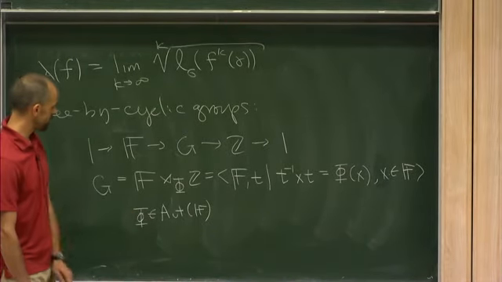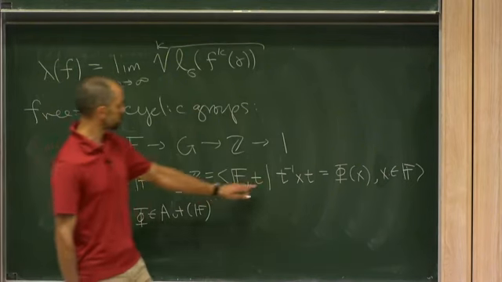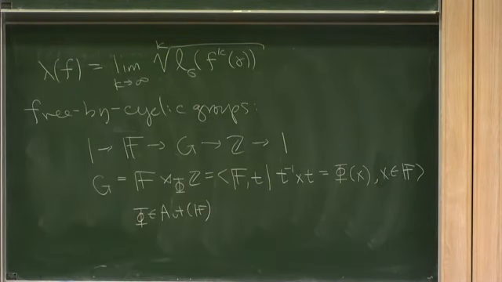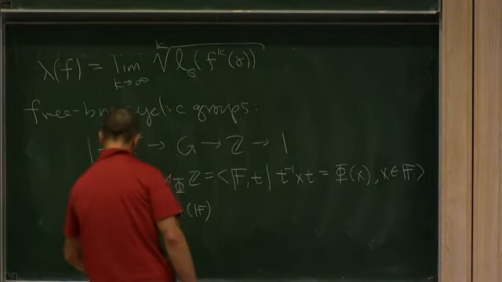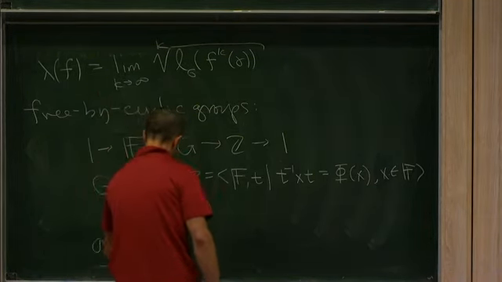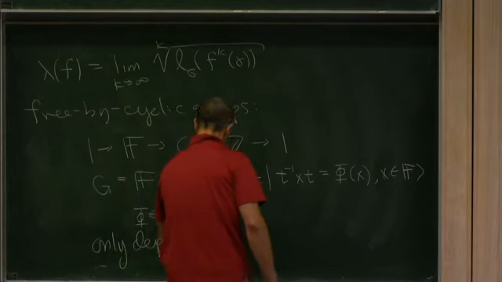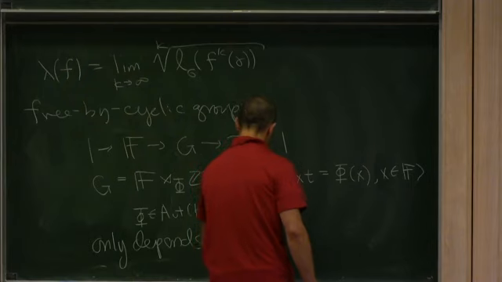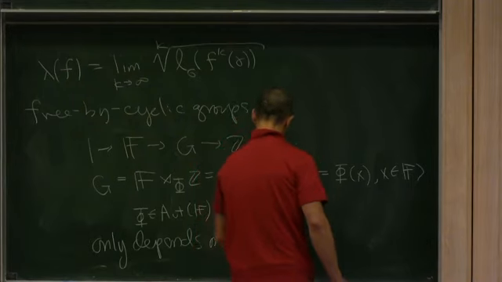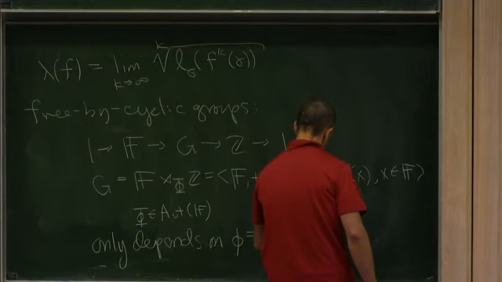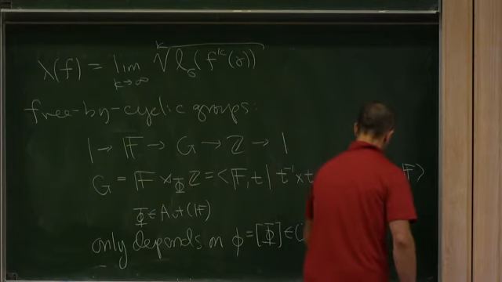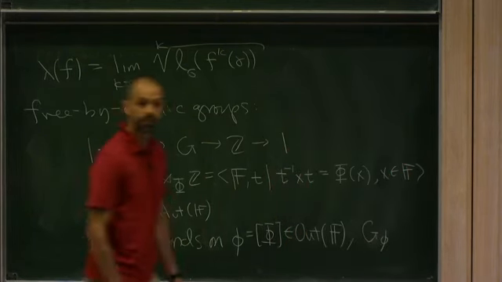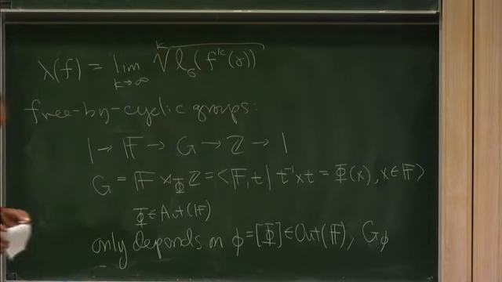Changing Phi within its outer automorphism class just corresponds to taking t and replacing it by something times something in F. So this group only depends on the outer automorphism class of capital Phi, which is little phi, and that's how we'll denote it. So we'll just denote it G sub little phi. So that's the free-by-cyclic group.